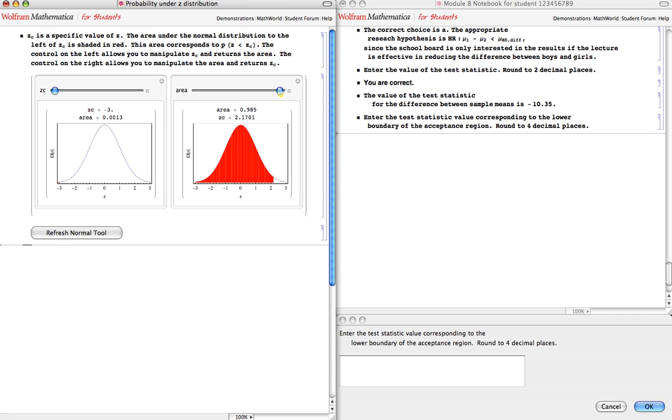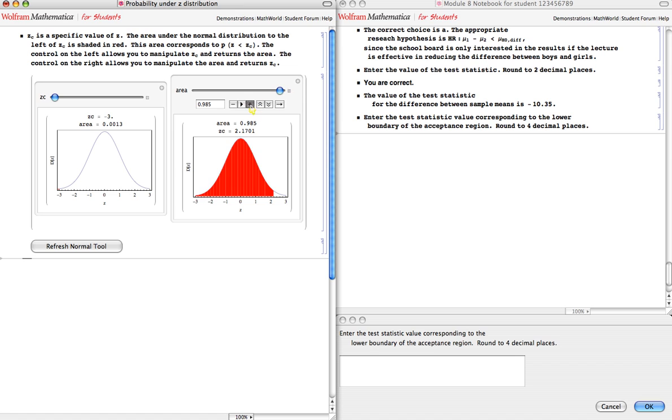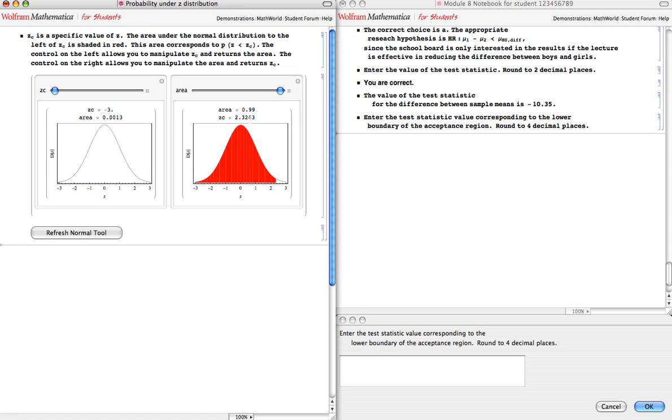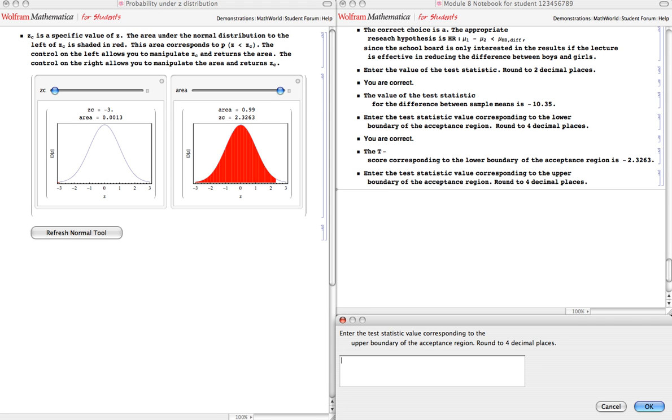Okay, so let's see what that is. Okay, so this is the z-score, and it's a one-tailed test. And of course it's negative. You don't want to get an error for forgetting that.